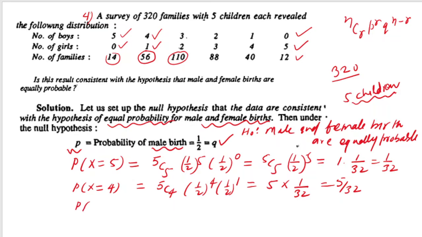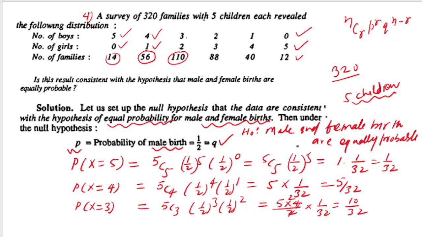Similarly, the probability for 3 boy children will be 5C3 into 1 by 2 to the power 3 into 1 by 2 to the power 2. 5C3 will be 5 into 4 by 2, which is 10, into 1 by 32, so 10 by 32. I hope you know how to calculate 5C3: it is factorial 5 by factorial 3 into factorial 2, so 5 into 4 by 2.